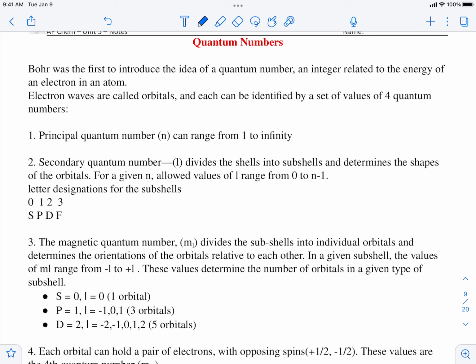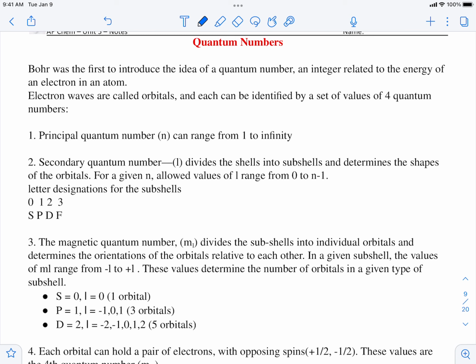Okay, so electron configurations can be SPDF notation, they can be orbital diagrams, or they can be what we call quantum numbers. A quantum number is like an address system for the electrons, right?